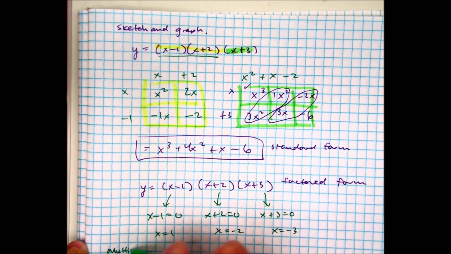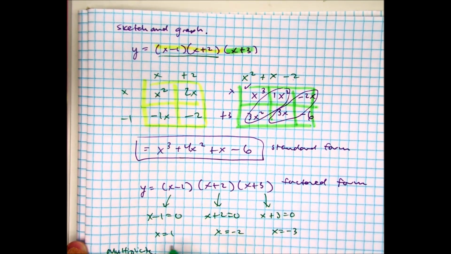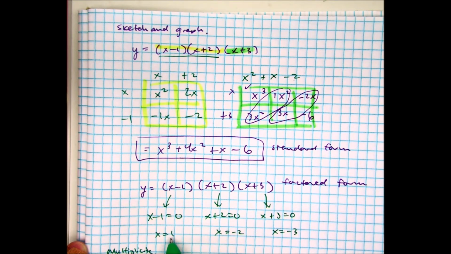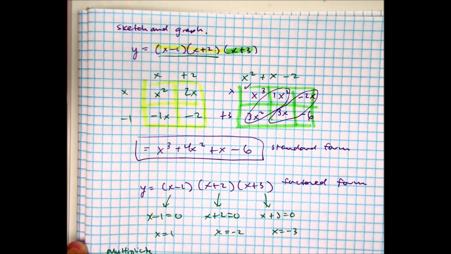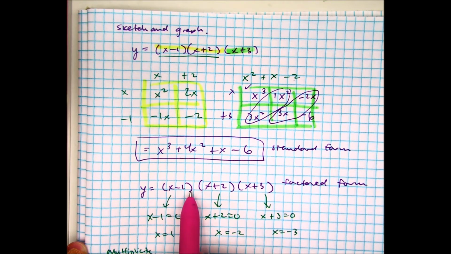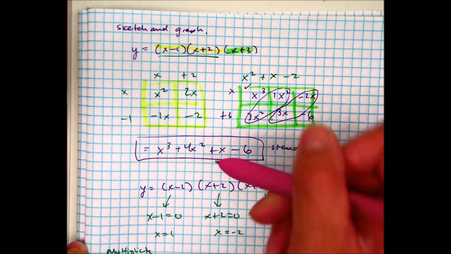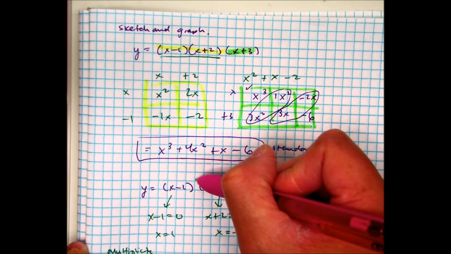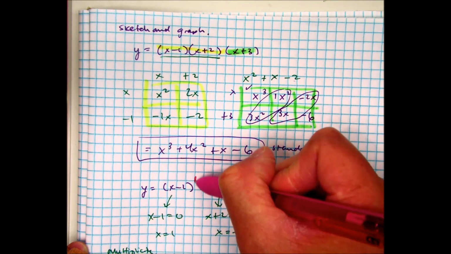Now let's talk about the multiplicity. Where do I look? On the parentheses? Where on the parentheses? The exponent. Everyone say degree. No. Everyone say exponent. Exponent. That's multiplicity.